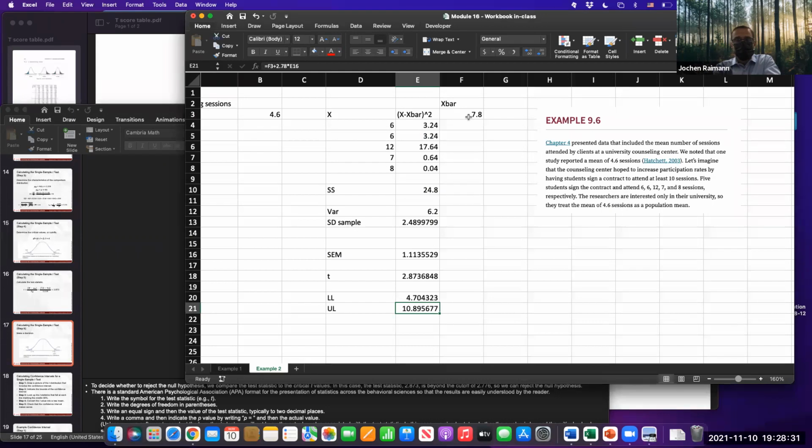So we have this mean is 7.8. The lower limit of the 95% confidence interval is 4.7. Does not include the population mean. The definition of the confidence interval is that we have a 95% confidence that it includes the population mean. If the population mean is not in there, our sample is significantly different. And that's the case here. Yeah? Good.